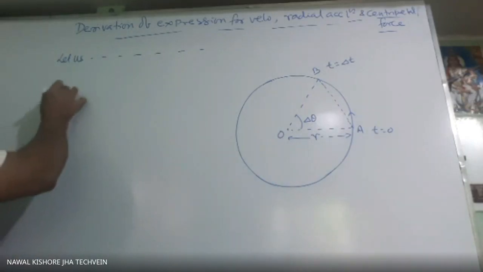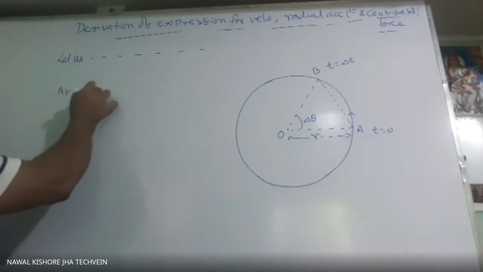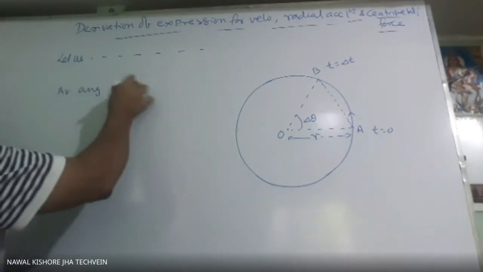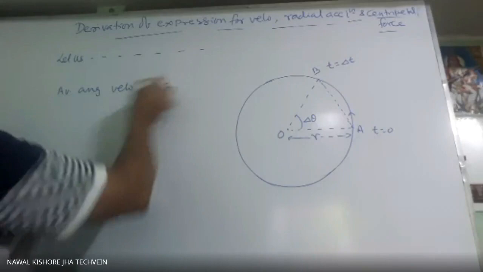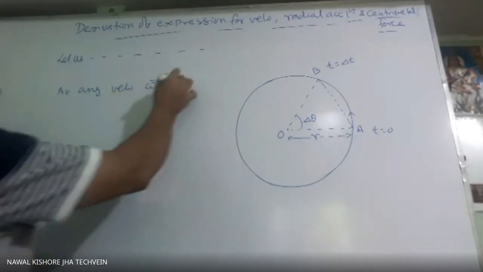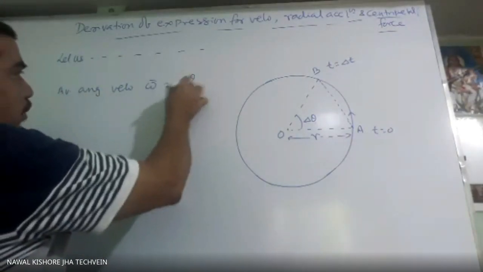So what is the average angular velocity? It is delta theta over delta t.